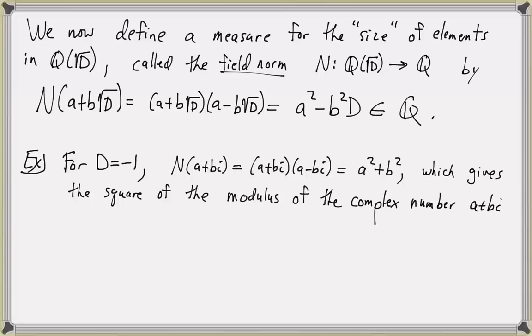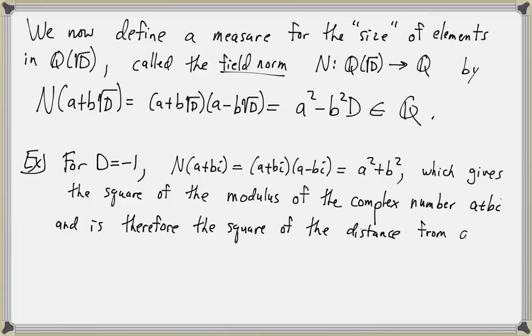So the field norm gives the square of the modulus of a complex number, and is therefore the square of the distance from a plus bi to the origin in the complex plane.